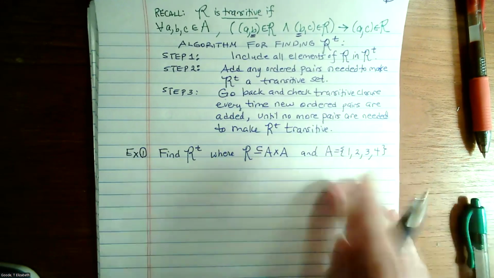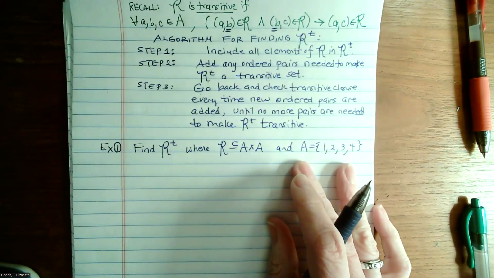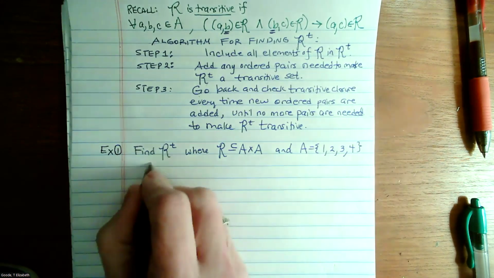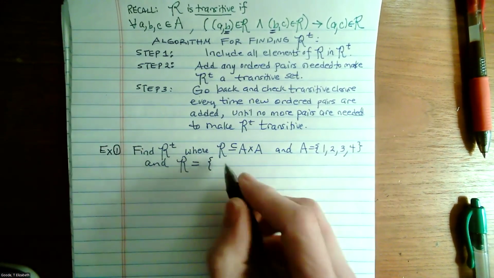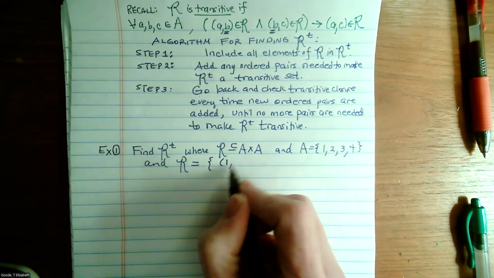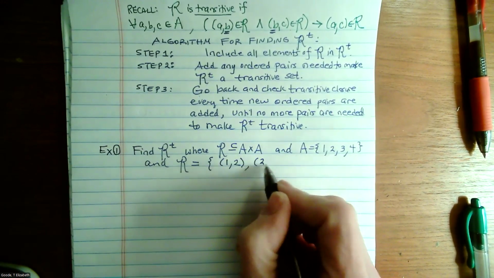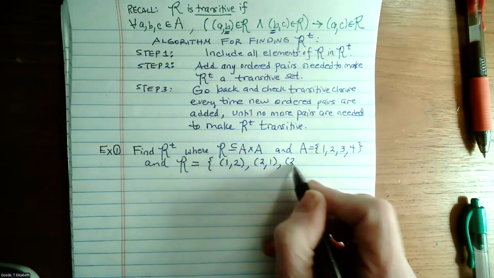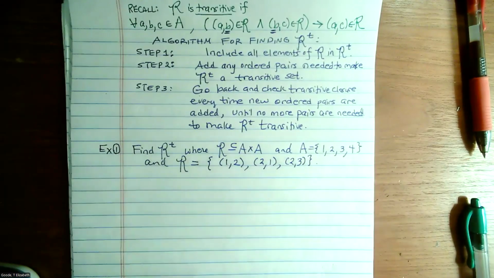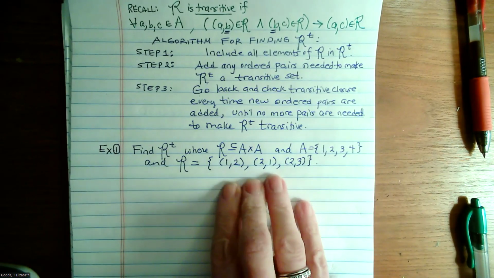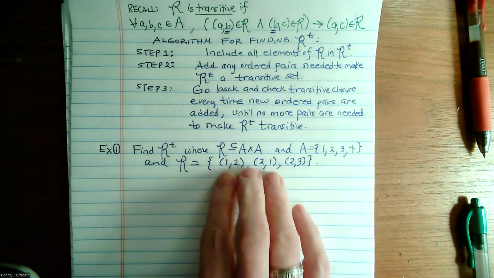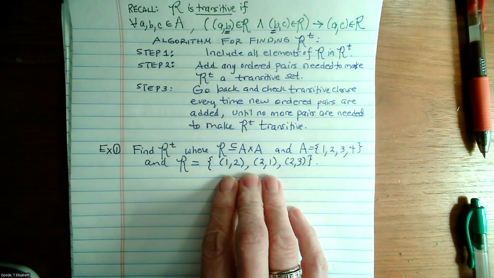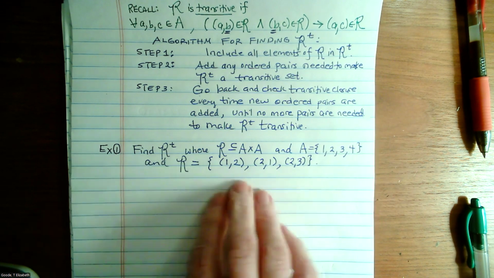That's all we need, is 4 elements. And curly R, the relation we're starting with, is the set that contains these 3 ordered pairs: (1,2), (2,1), and (2,3). It's not transitive, but we'll be able to find the transitive closure. In other words, we're going to include these elements and then add whatever pairs we need until we build a transitive set.